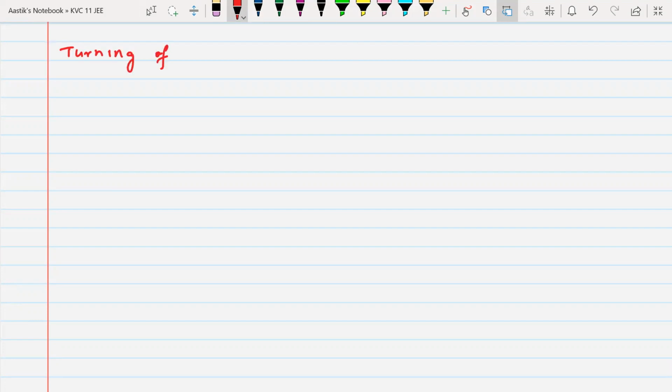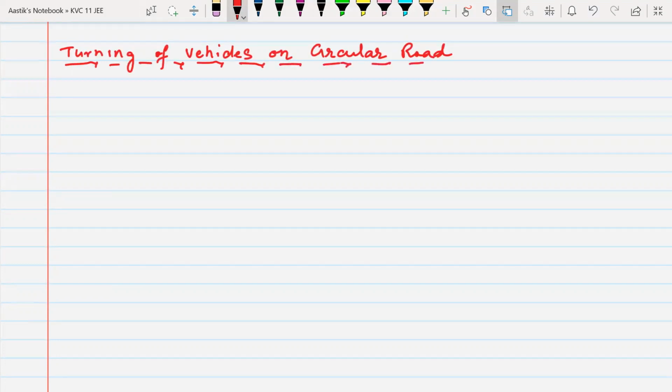What do we mean by this? Turning of vehicles on a circular road. It means what it actually means. You have a vehicle and you will have to turn it on a circular road.